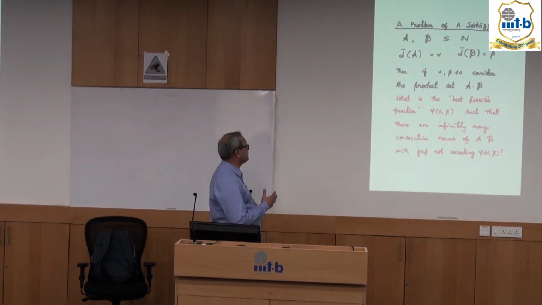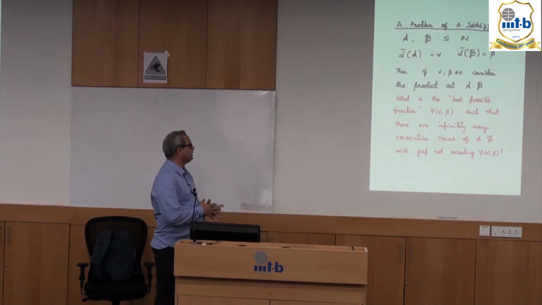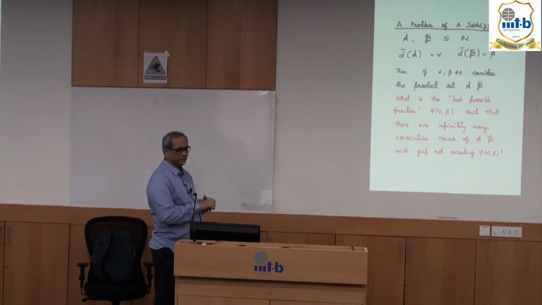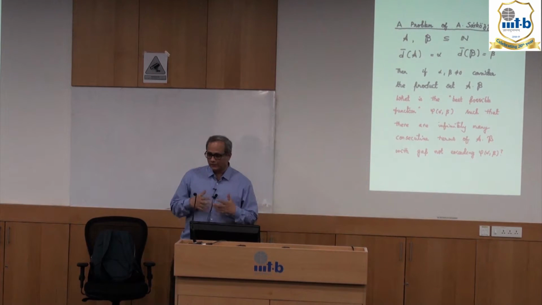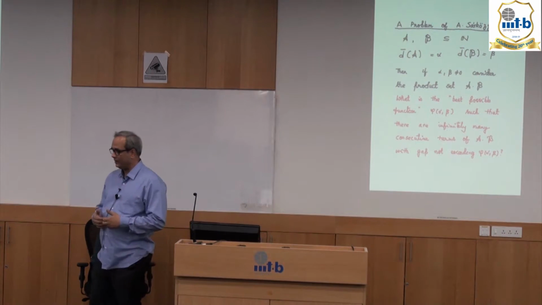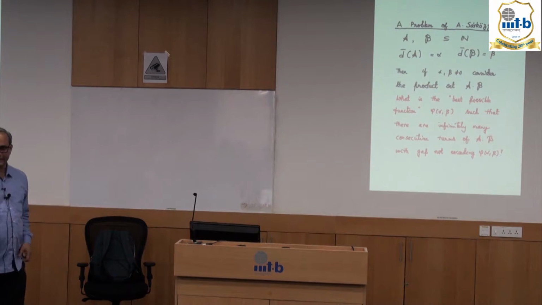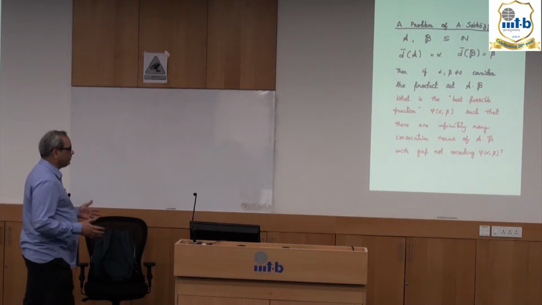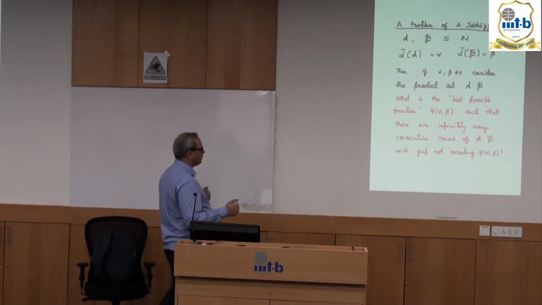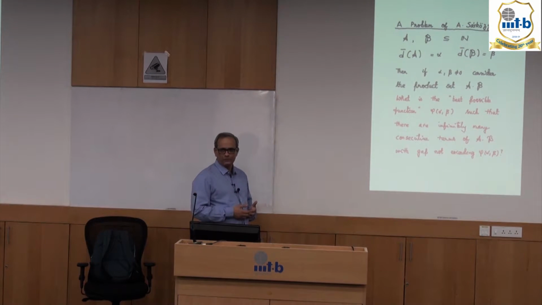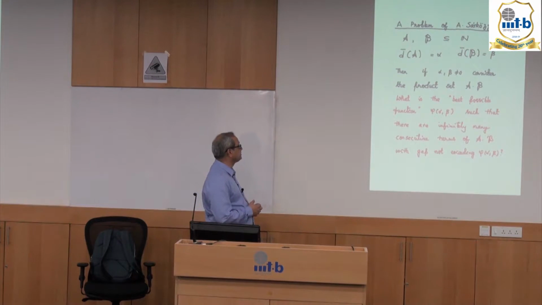Now here is a problem that was posed by the Hungarian mathematician Sarkozy, who has worked a lot in combinatorial number theory and discrete maths in general. He has a paper where he lists several open problems in these topics, and one of them is this question.